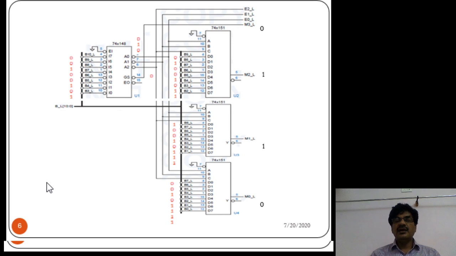Care has to be taken in connecting the 11-bit data properly as input to the priority encoder and multiplexers. With reference to the priority encoder, from the MSB side, 8 bits you need to apply to the priority encoder, that is B10 to B3. Suppose B is the input number, then the values from position B10 to B3 have to be applied as input to the priority encoder.